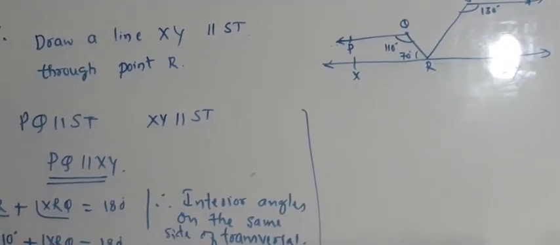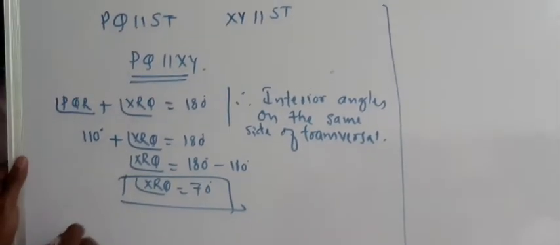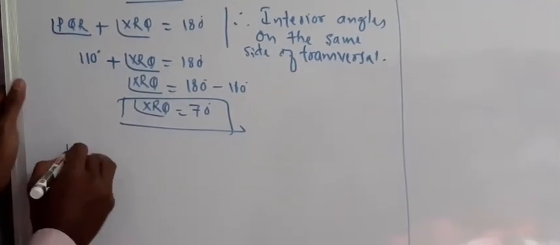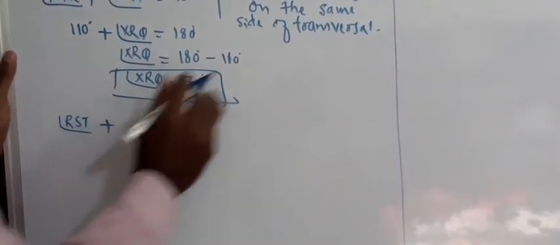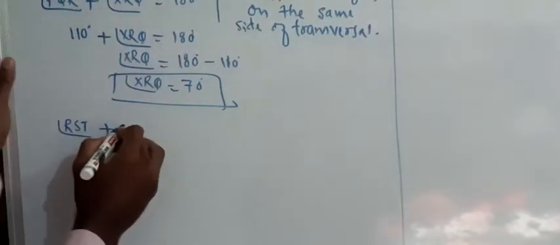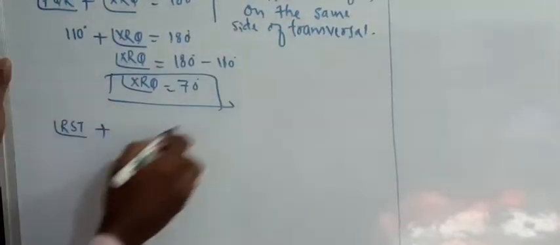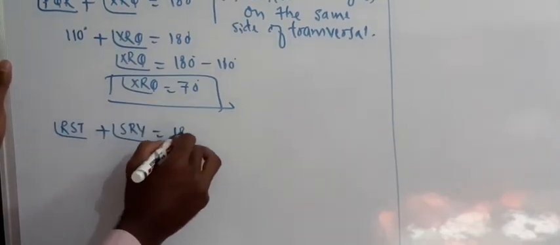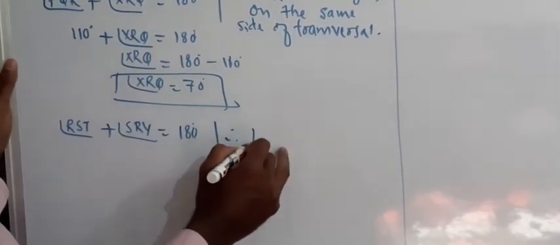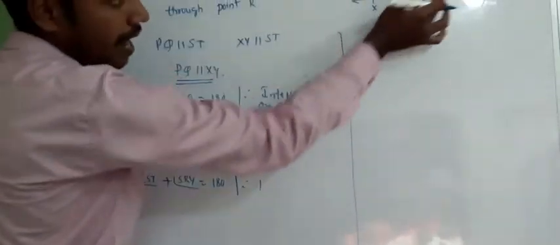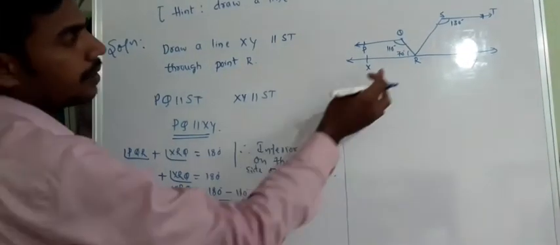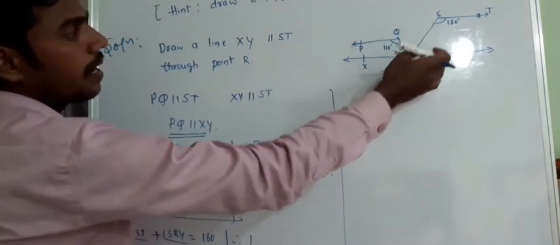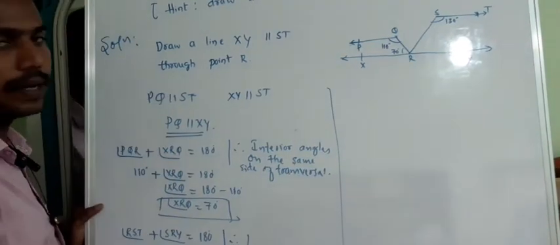So angle RST plus angle SRY is equal to 180 degrees. Why? Interior angles. See, ST and XY are parallel to each other. SR will act as a transversal. Then these two angles are the interior angles on the same side of a transversal.